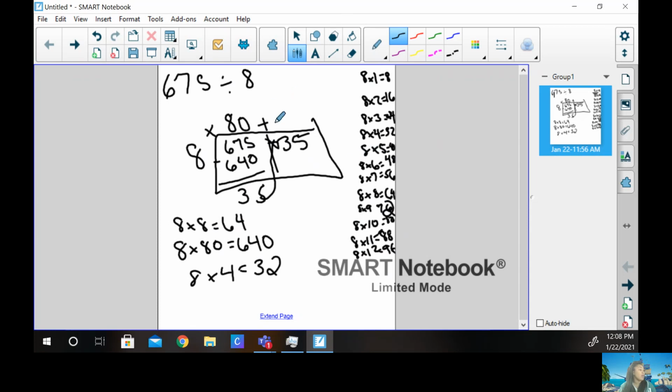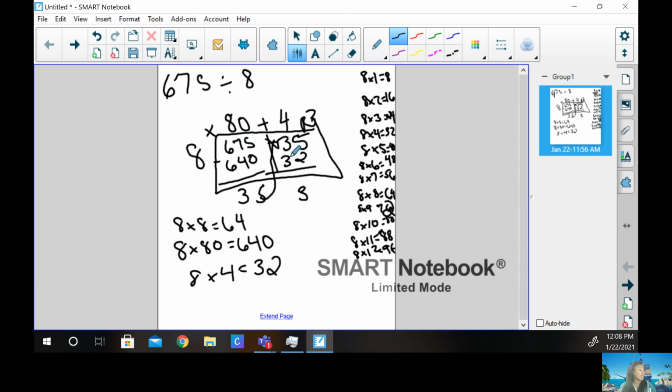So therefore I know that 8 times 4 is going to be 32. And I subtract here. Now I have a 3 left over. I can't multiply anything that is not going to get me over 3. So that is my remainder.